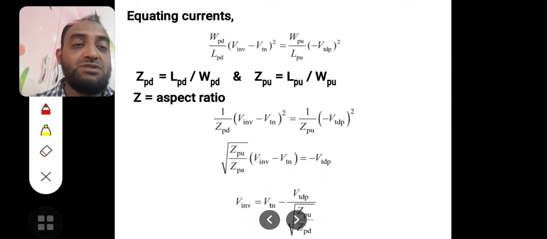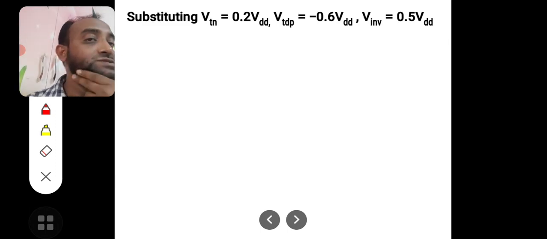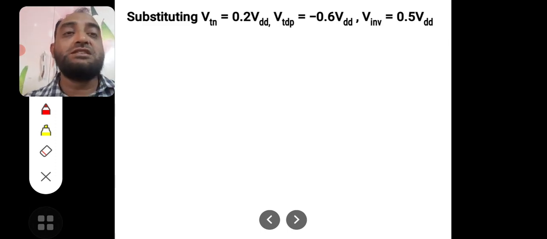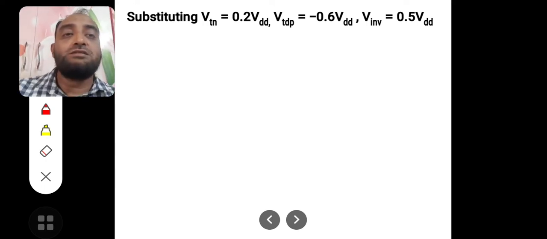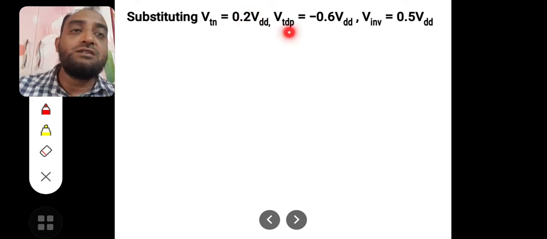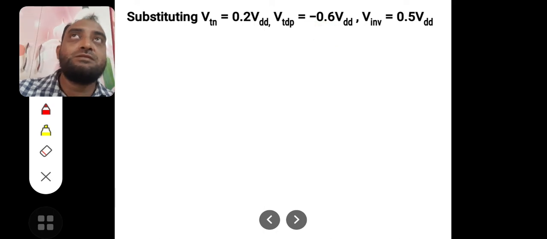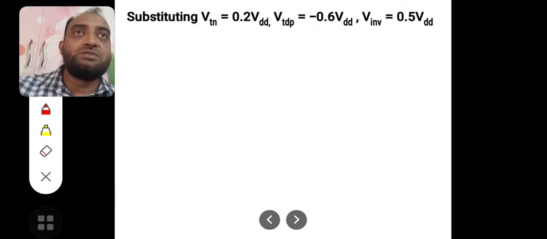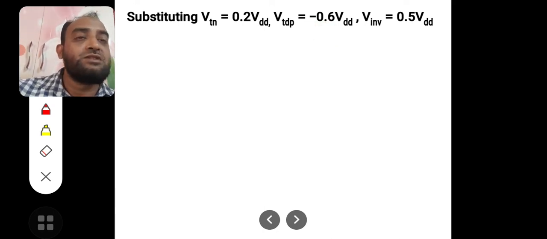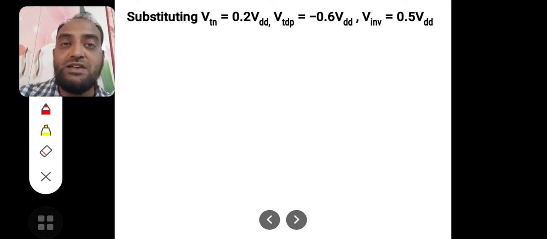Now substitute the typical values of VTN and VTD. As we have seen in the previous lectures, the typical value of VTN is 0.2 VDD, and VTD is equal to minus 0.6 VDD. That means if the VDD is 5 volts, it should be minus 3 volts or above to make the device off.